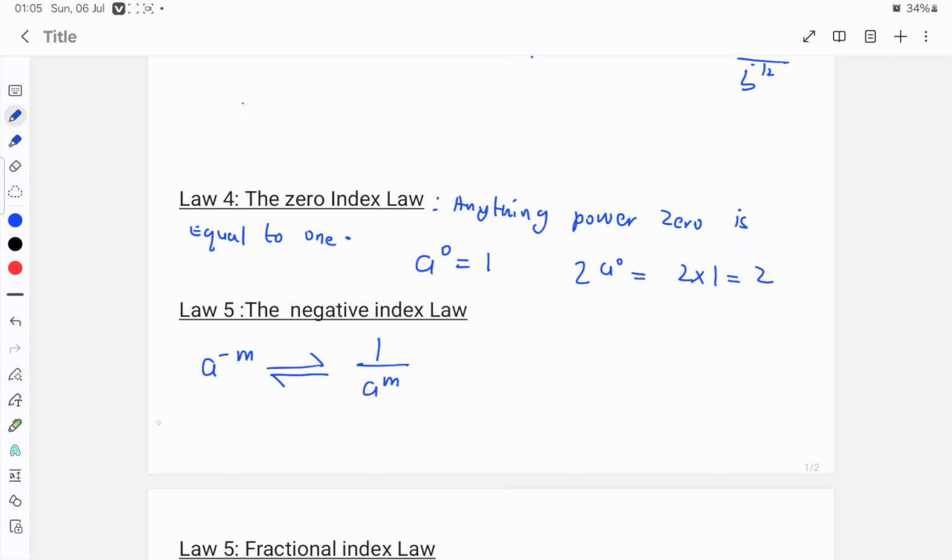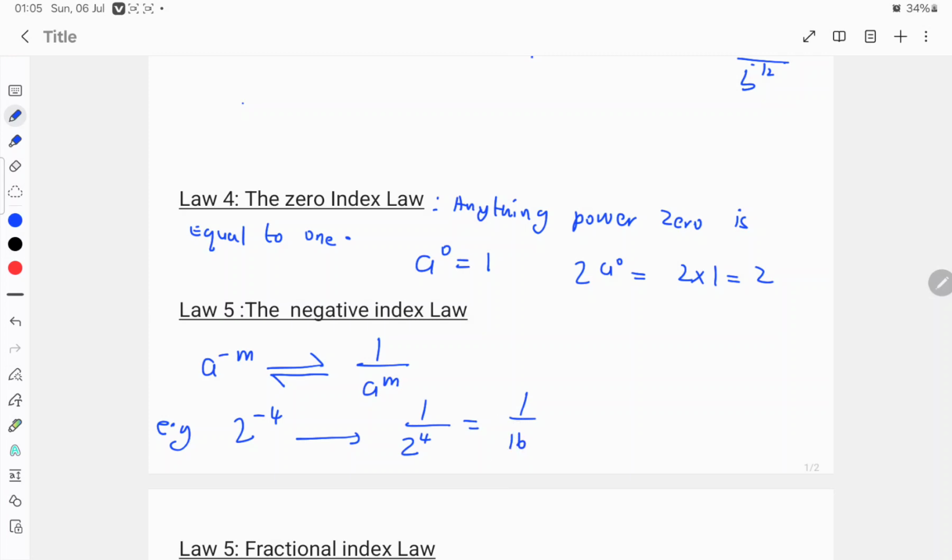Let me give you an example. Let's say I have 2 power negative 4. Then from there it can be 1 over 2 power 4. I want you to notice that I wrote the 2 big and the 4 small. Which can now be 1 over 16.